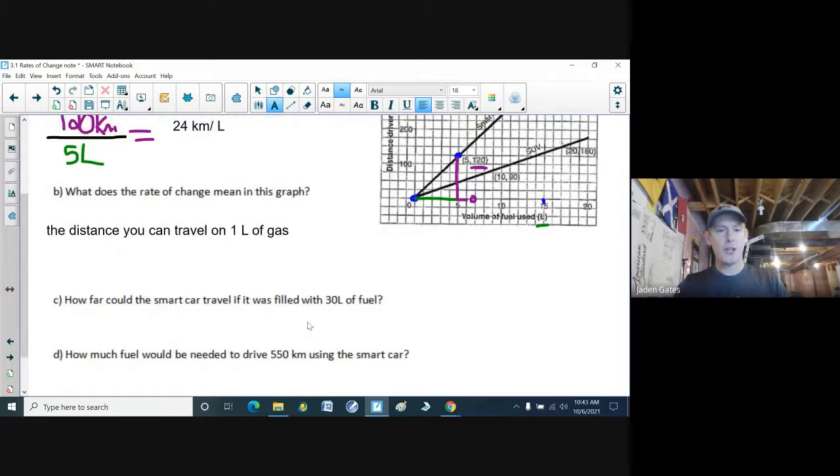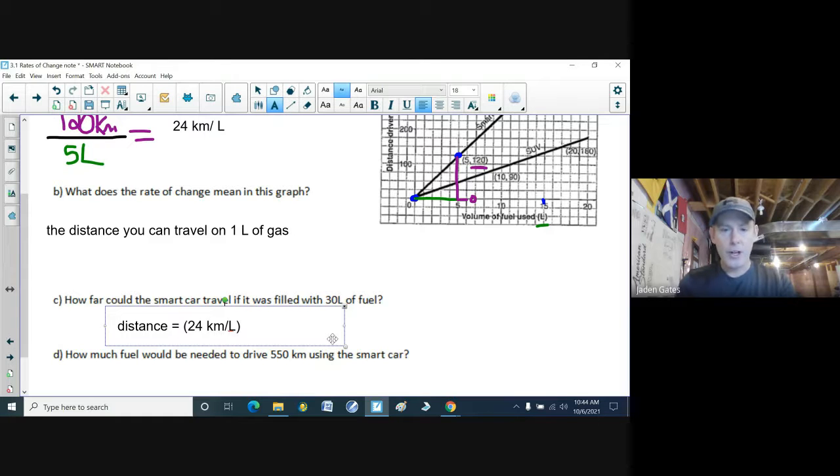Now, a couple of questions. And this ties into our rates, that using unit rates that we did the other day. How far could a smart car travel if it was filled with 30 liters of fuel? Well, our distance, if we travel 24 kilometers for 1 liter per liter, and now we're traveling, I'm going to put this in brackets here.